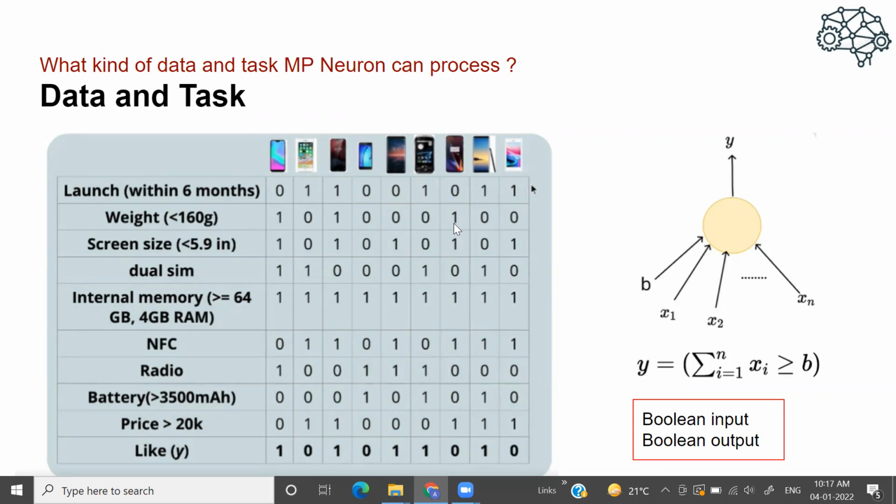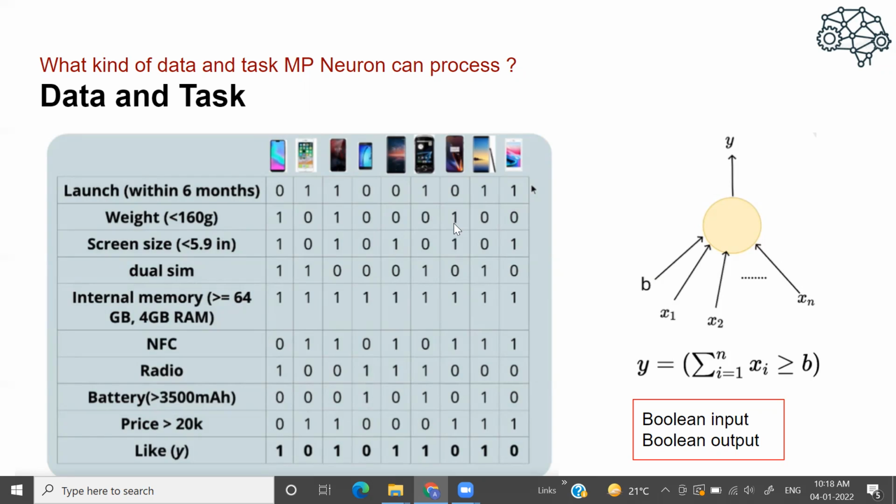So here, if I have to still apply an MP neuron in this particular case, how would I do that? Right? So one way of doing it is we can binarize our data, right? Here, although my data is not in binary form, it is in integer form, still I can make it binary, right? Here I'll just do some feature engineering. I'll just say whether the phone launched within 6 months or not, right?